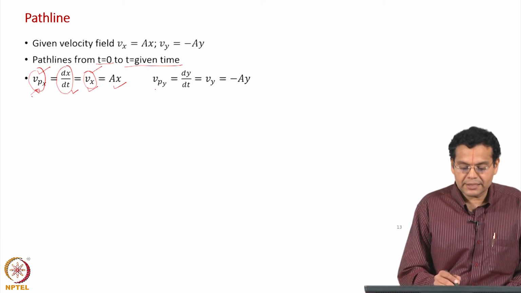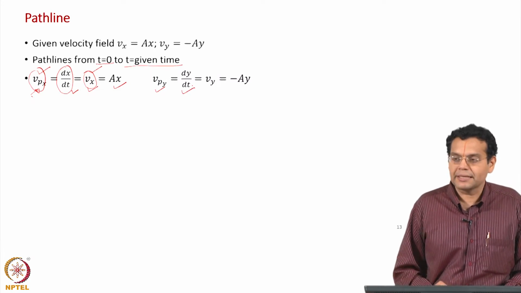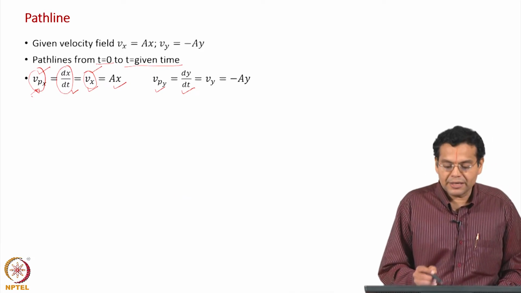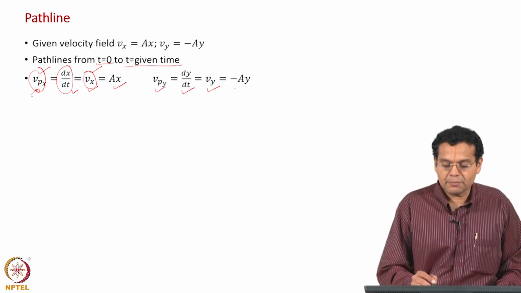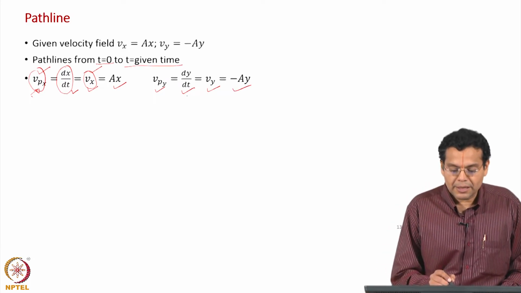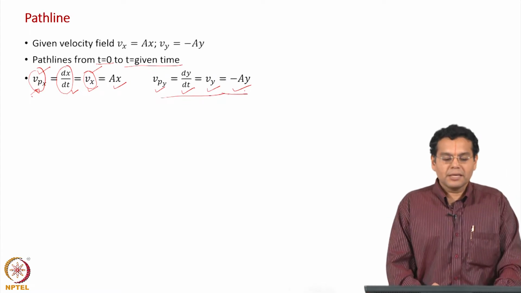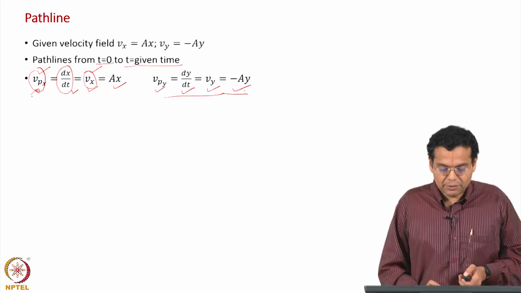Similarly, for the y direction, the velocity of the particle in the y direction is dy by dt, where y represents the position of the particle, that we equate to the velocity given by the velocity field in the y direction, which is minus Ay. So, by equating this, we use our principle, which I have used several times, equating the velocity of the particle to the velocity field at that location at that instant.